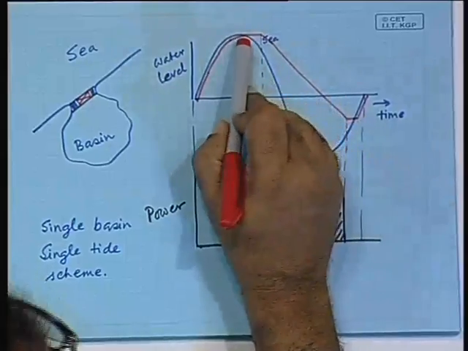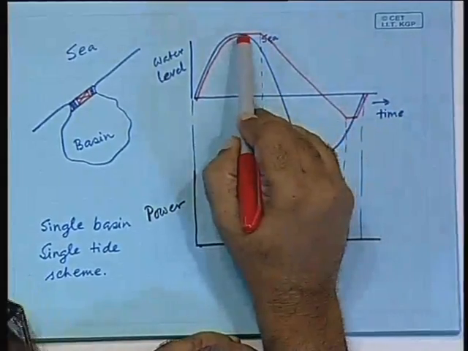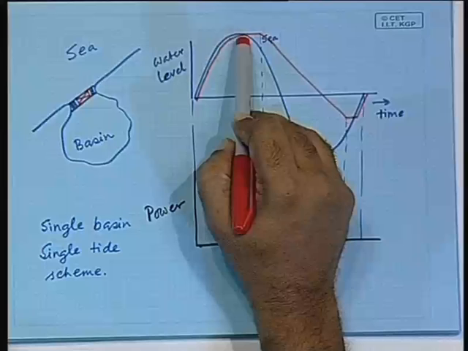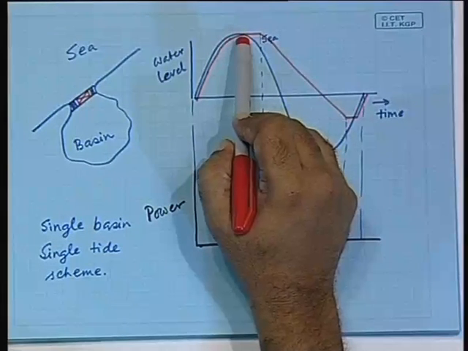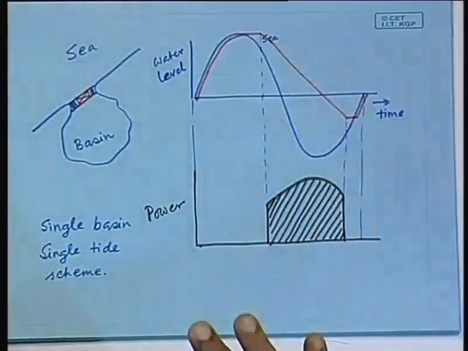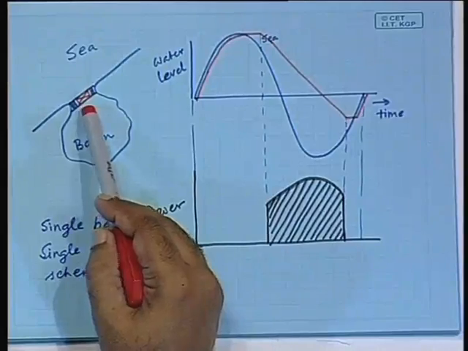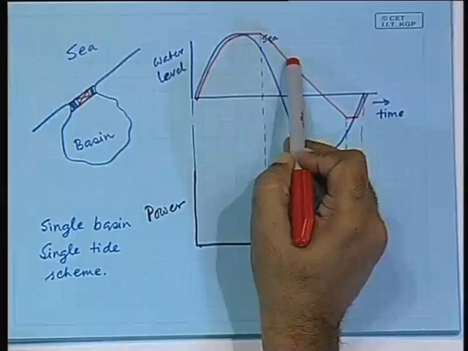At this point, the sea water level and the basin water level become equal. A trick is played at this time. The trick is, when they become equal, then use the turbine as a pump and put in additional amount of water into the basin.